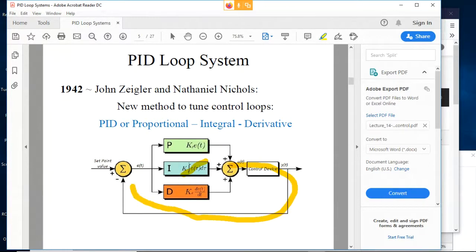The next time around, you add this error up again, and again, and again. Finally, this value gets so big that you keep pushing the system and pushing the system until you drive that error to zero. So effectively, what the integral control is going to eventually do is drive the error to zero.